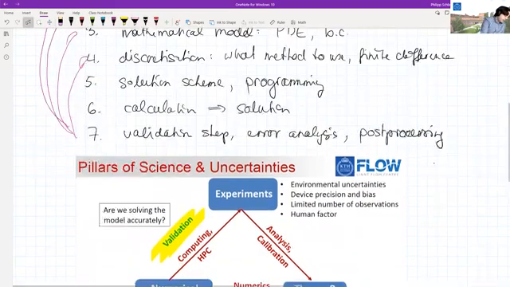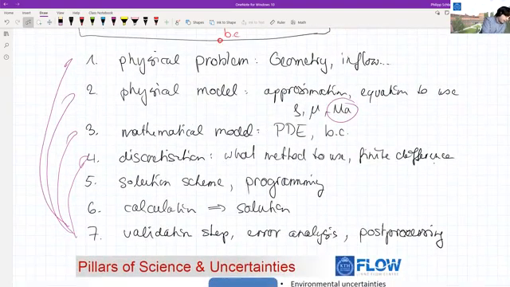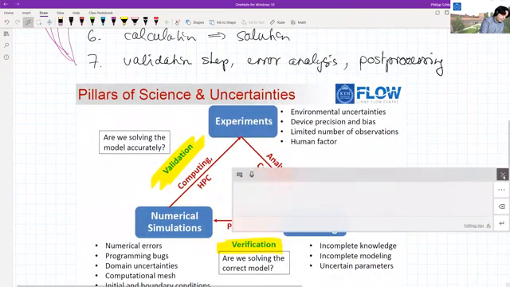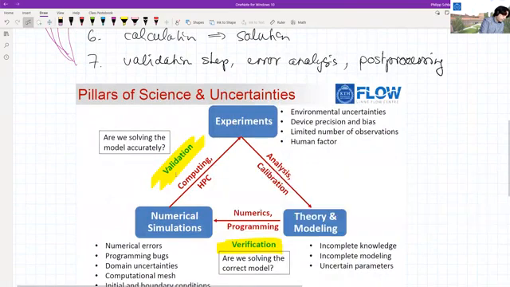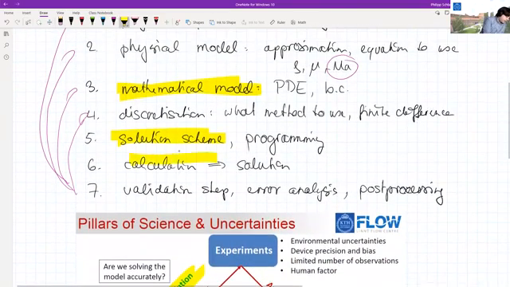That means, in my discussion here, whether the solution scheme is actually what I had in my mathematical model, whereas the validation step is about whether or not my calculation actually is doing the right thing.